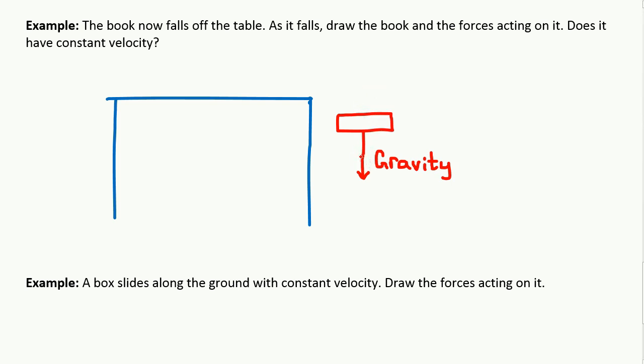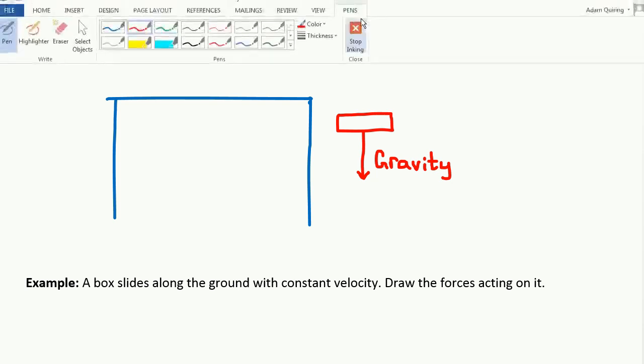Similarly, there is a net force here, or a resultant force. Therefore, from Newton's first law, we know that this book does not have constant velocity. Because there is a net force, an unbalanced force, a resultant force, there does not need to be constant velocity.